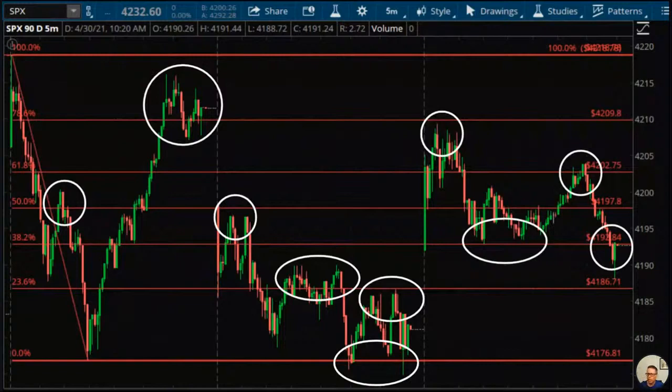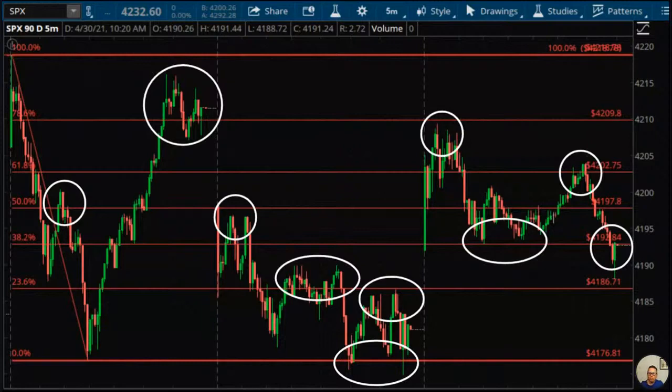You can see there how Fibonacci works, and this is just a 5-minute chart. I use these on the hourlies and the dailies, and they tell me where we're going to have congestion, and when it breaks, where there's a breakout.